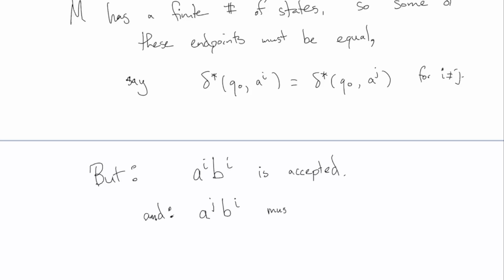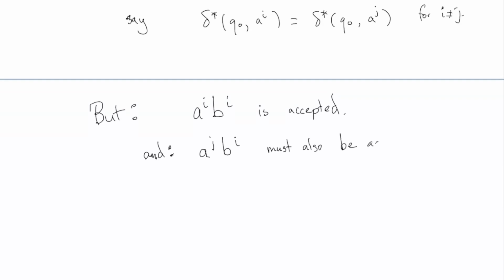This must also be accepted. Because as you're running around in the diagram, after you did that part, you end up at the same place after you did that part. So wherever you end up there, then you do B to the I, you're going to end up in the same place, so they have to both be accepted. All right?